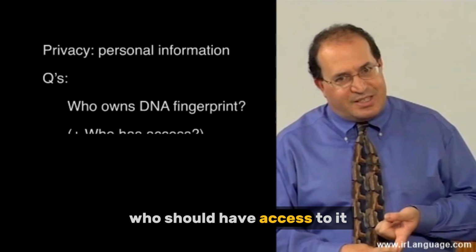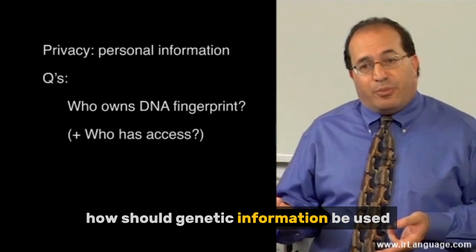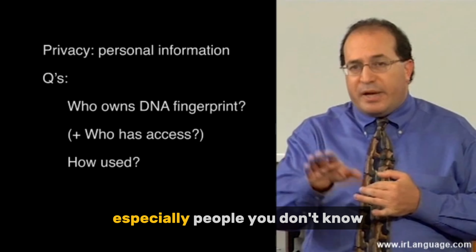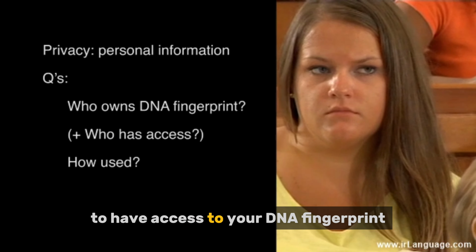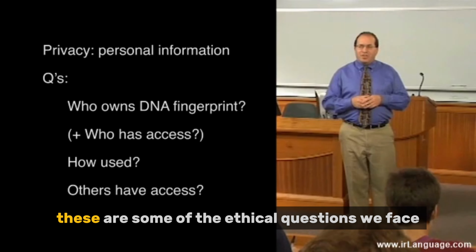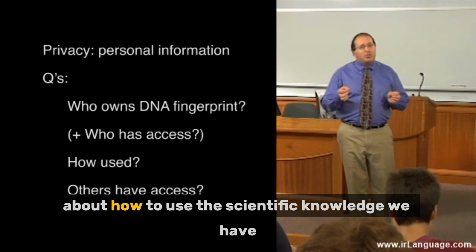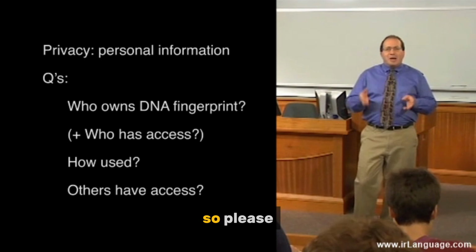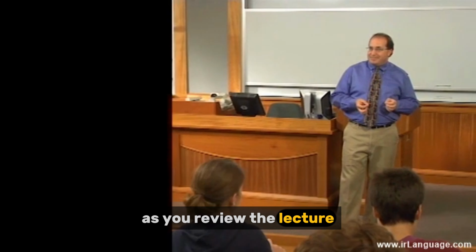Who should have access to it? 3. How should genetic information be used? And 4. Would you want people, especially people you don't know, to have access to your DNA fingerprint? These are some of the ethical questions we face about how to use the scientific knowledge we have. So, please give these questions some thought as you review the lecture.